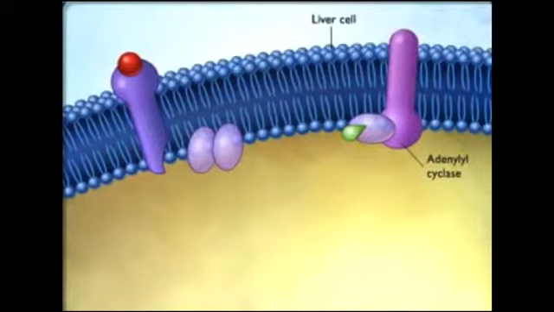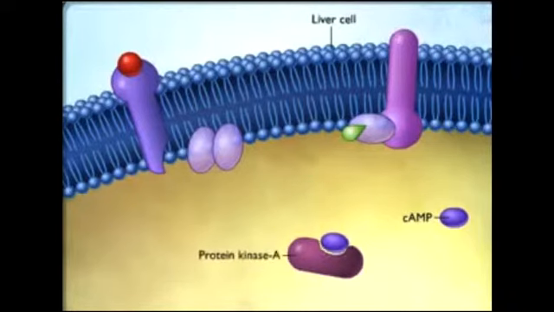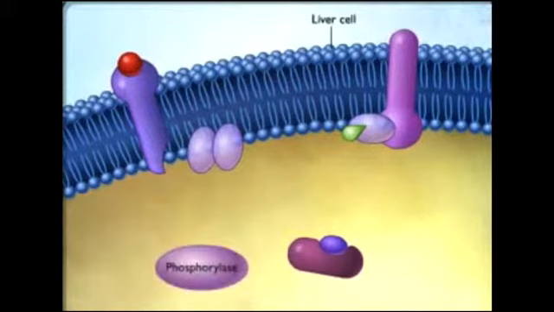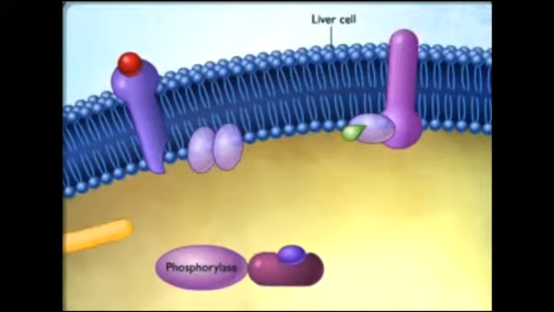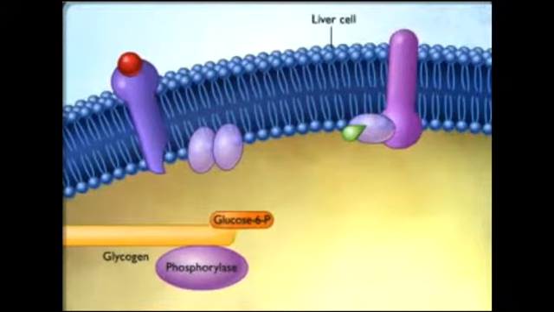When activated by the G protein subunit, adenylyl cyclase catalyzes the formation of cyclic AMP from ATP. The cyclic AMP formed on the inner surface of the membrane diffuses within the cytoplasm, where it binds to and activates protein kinase A. In the liver cells, protein kinase A phosphorylates and thereby activates another enzyme called phosphorylase, which converts glycogen into glucose 6-phosphate.